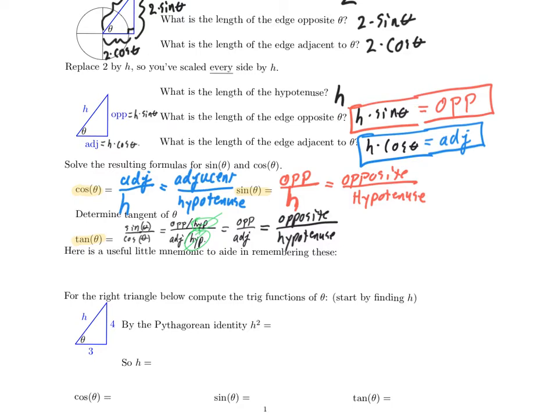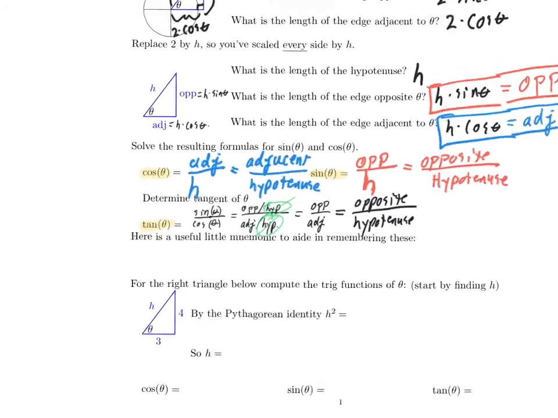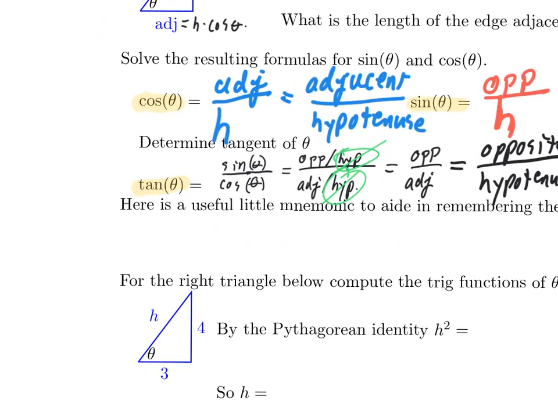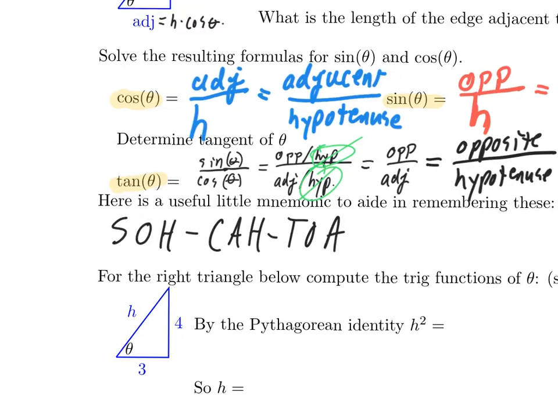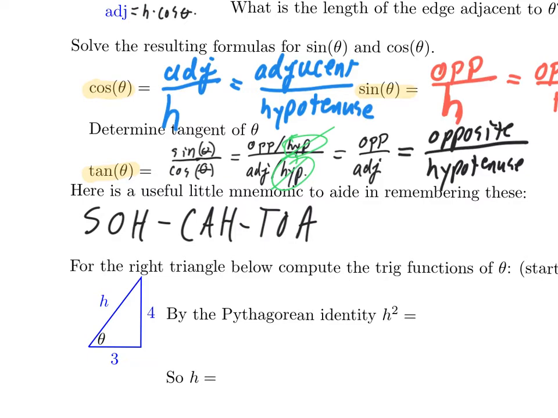There's a single mnemonic that's useful in remembering all of them. It's just a mnemonic. If you can remember 3 syllables, you can remember this. If you can remember the syllables so, ka, toa, then you can remember these 3 facts.